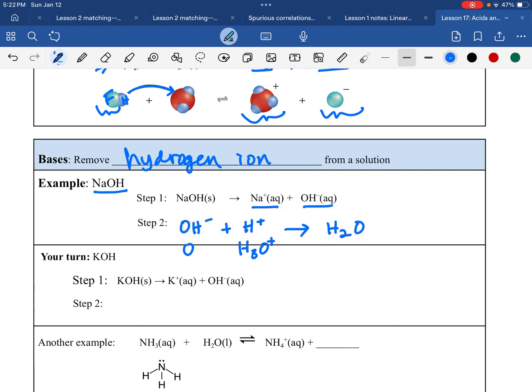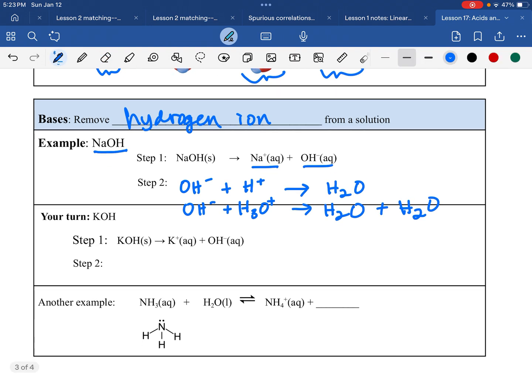But in reality, it's the OH minus combining with an H3O plus, hydronium, and one hydrogen from the hydronium is going to join the hydroxide to become a water molecule. And then the hydronium is left with only 2 hydrogens and 1 oxygen. So now we have two water molecules.